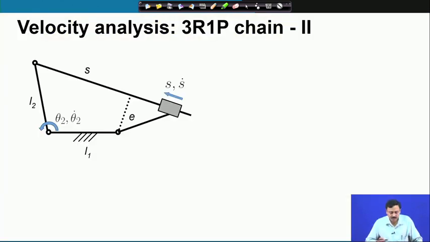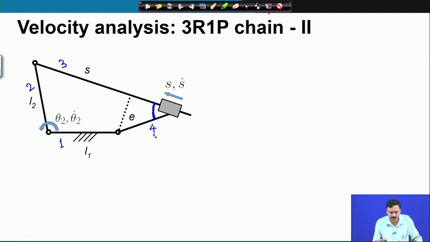Now, in the 3R1P chain of type 2, we have a prismatic pair which is changing the direction of the sliding, as you can see here. As we have discussed before, you can see that this angle is going to remain fixed when the prismatic pair expands or contracts. So, to number the links, the ground is 1, this is 2, this is 3, this is 4.